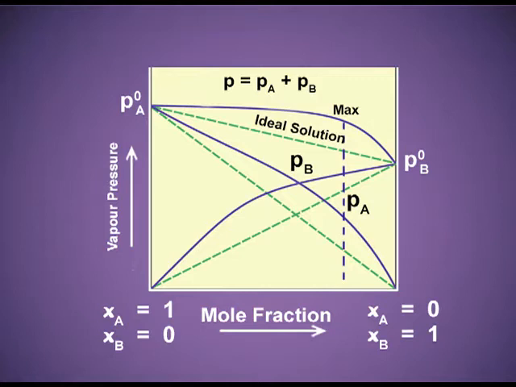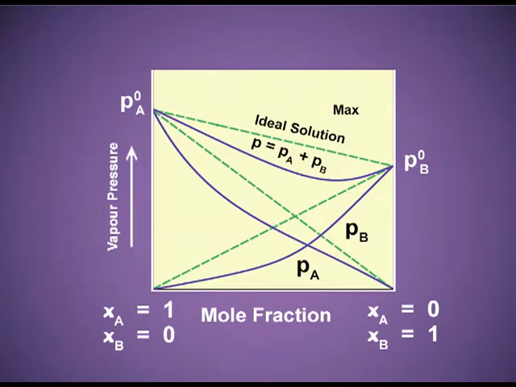But you can see the curves on the upper side. This is for the solutions showing positive deviation. This is the graph for the solution showing negative deviation. Again you can see that the dotted straight lines are for the ideal solution, but for the solution showing negative deviation, the curves are downward.